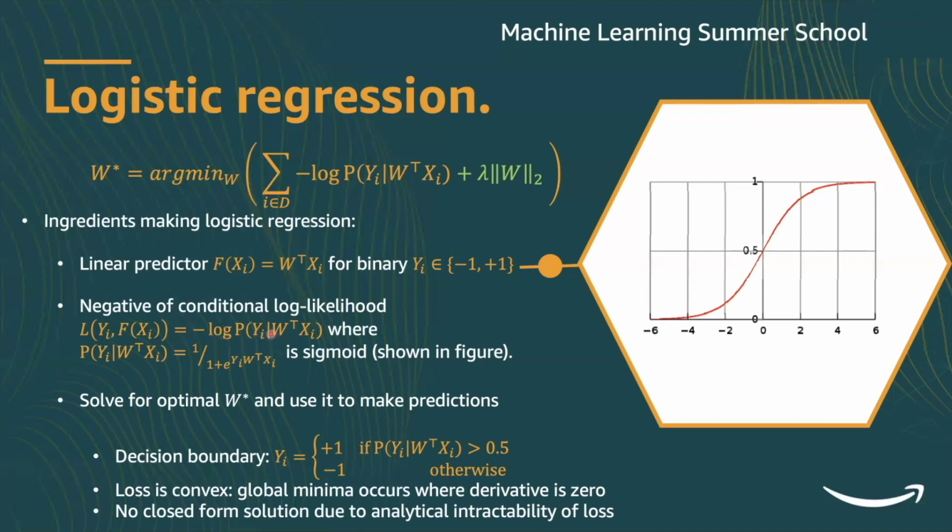It's the same thing. It's just that we're taking a logarithm. Now we take the sum over the log of probabilities over the data set. And this is what is called the conditional log likelihood. It's conditional because we're taking the probability of the class label given the instance.